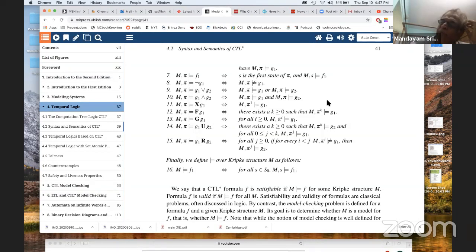Now, it so happens our transition systems, because they are infinite paths, can also be represented as Buchi automaton.